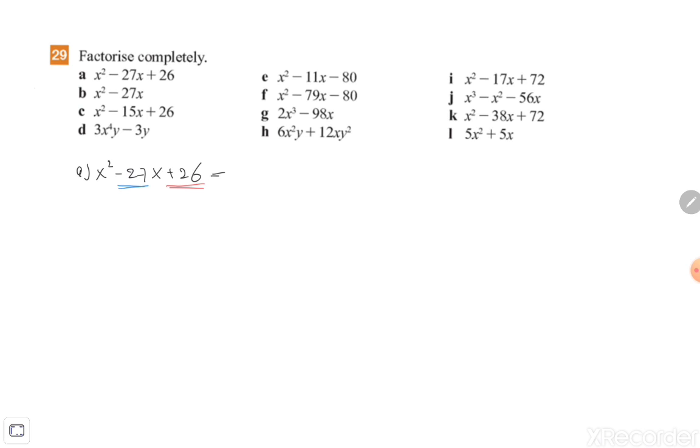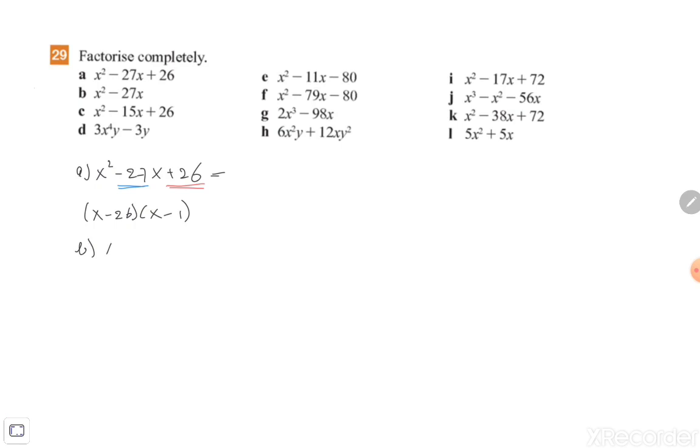Which two answers are there? That's minus 26 and minus 1, because if I multiply those two numbers you get positive 26, and if you add those two numbers you get minus 27. So x is minus 26 and x is minus 1.